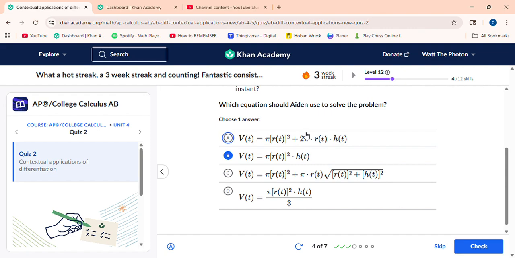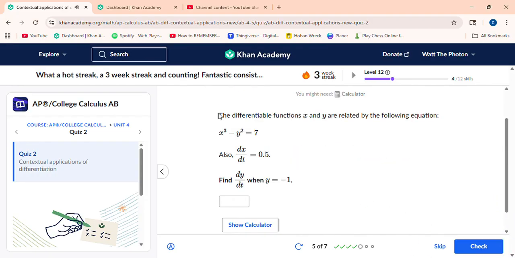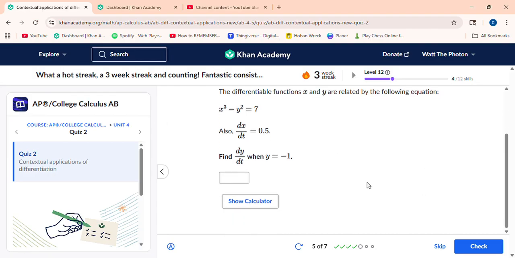Does it? This doesn't properly have the derivative. 2 pi. Yep. I just solved the equation. It's negative 25, by the way.